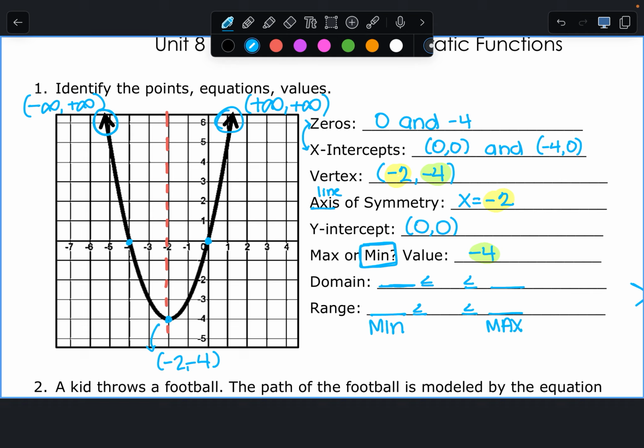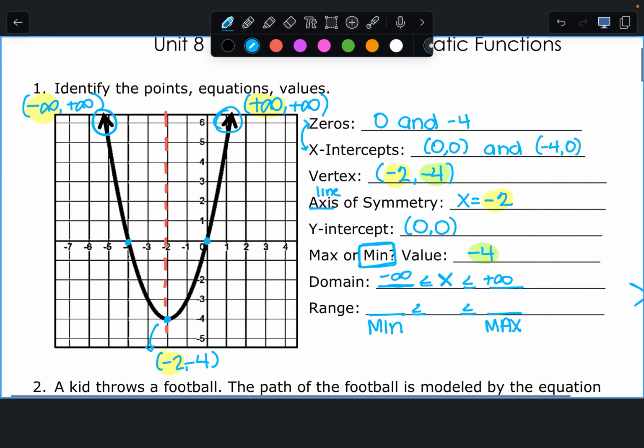Domain, we're describing what values? So put an x in the middle. X values: only look at the x values of the 3 points that you listed. What is the smallest x value? What's the highest x value? When you have infinities on both sides, that tells you that the domain is all real numbers. It will not always be all real numbers, but it can be.